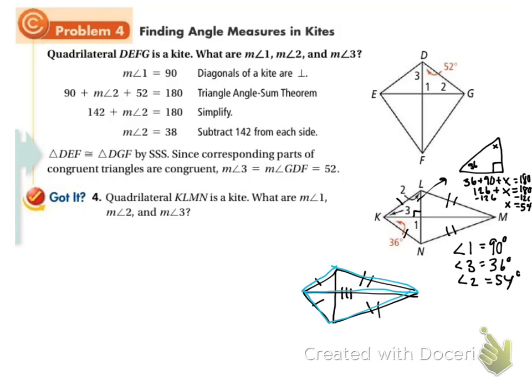So we know that this angle is congruent to this angle, and this angle is congruent to this angle. So we can come up with our own theorem that says if kite, then these are congruent, and these are congruent. Right? That'll be true in every kite.